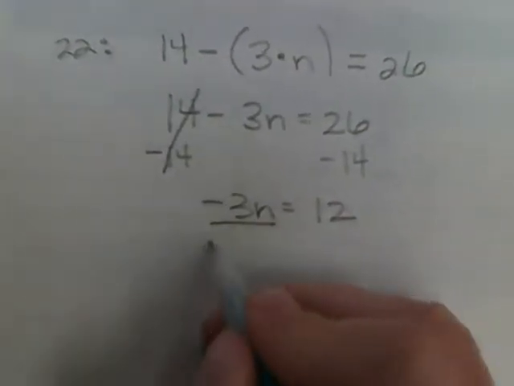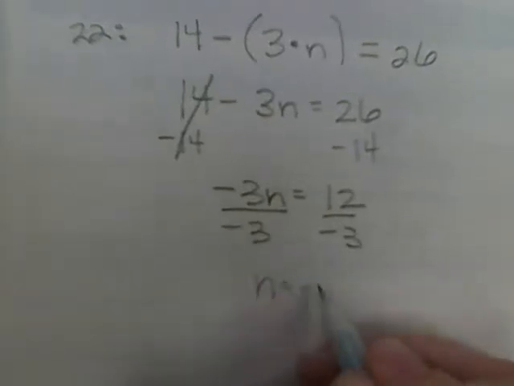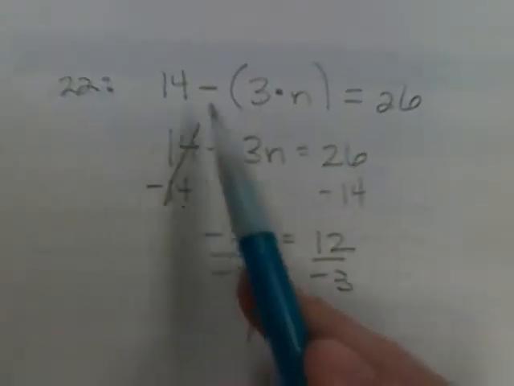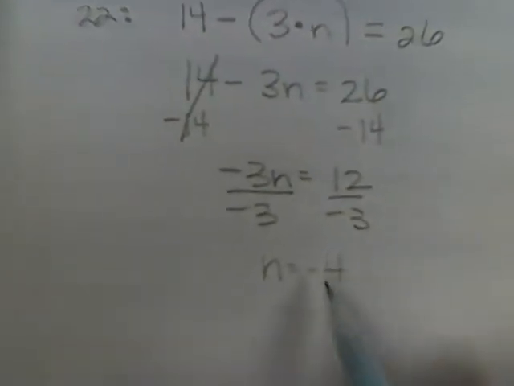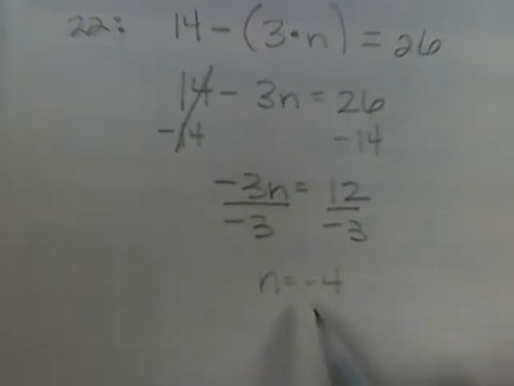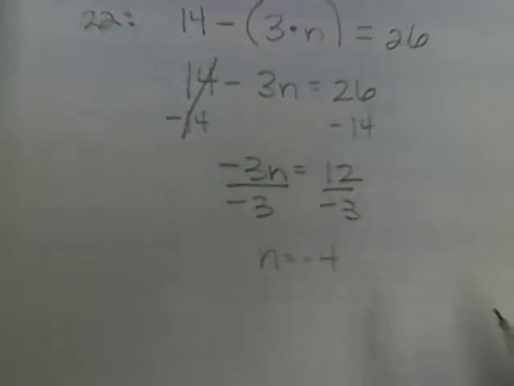Then I want to get rid of my coefficient. So N equals -4. So I wrote my verbal sentence as an equation, and then I used my methods from 3.1 through 3.3 to solve it.